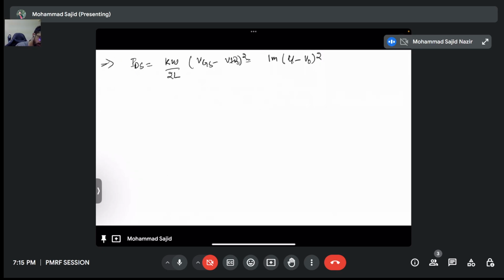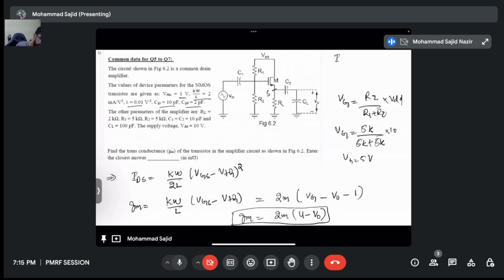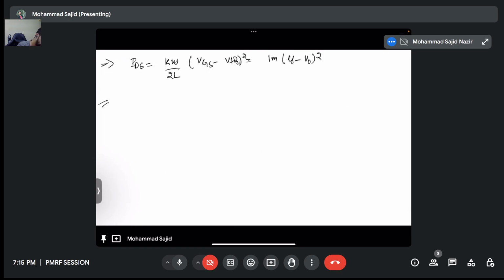For load resistance RL, current IDS is flowing, so V0 is IDS RL as well. So on the left hand side, I can write V0 by RL is equivalent to 1 milli, 16 plus V0 square minus 8 times V0.